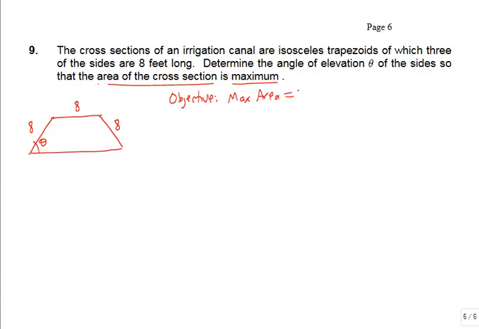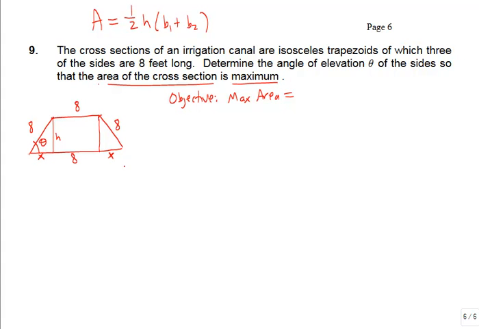Now, in order to find the area of a trapezoid, you need to know the formula, and that's 1/2 the height times base 1 plus base 2. Now our base 1 is this 8. This bottom base down here we don't know yet, and we don't know our height. So let's draw in our height here, h. And if I drop this perpendicular down as well, then this distance here is 8, and these two distances, this one I'll call x, and this one also is x.